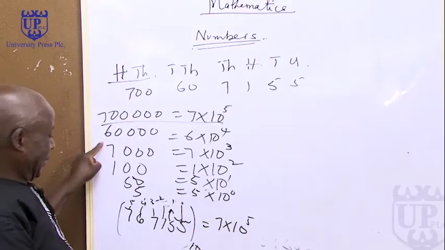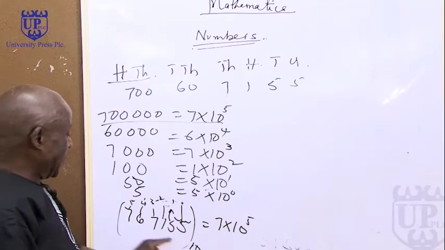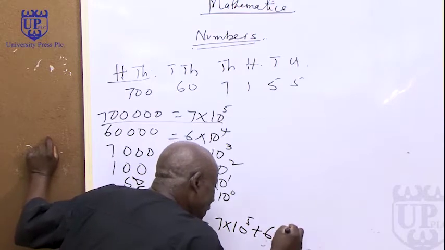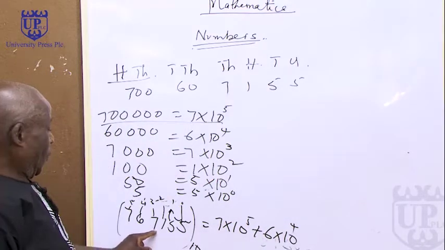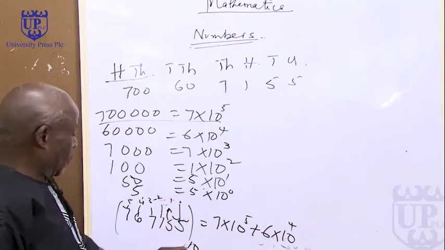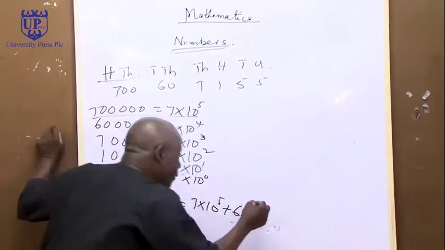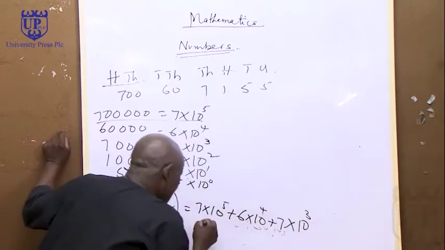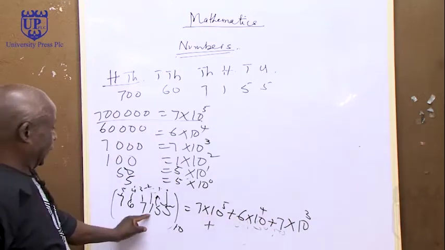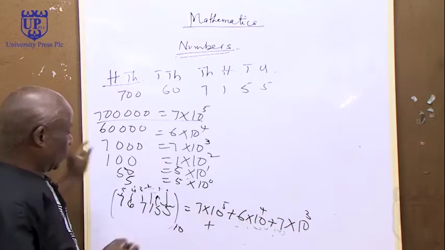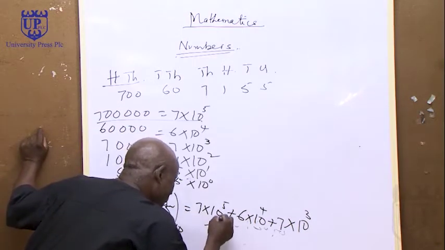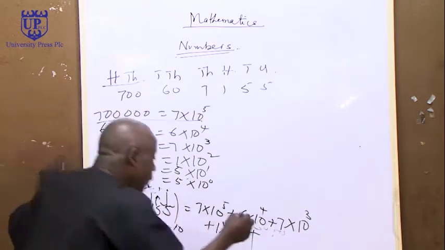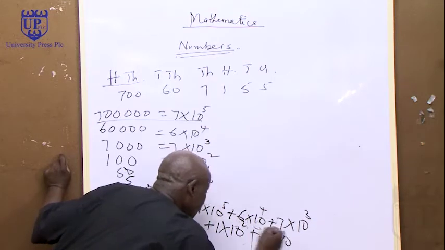Then the second one is 6 times 10 raised to power 4, plus the next one, 7 times 10 raised to power what? 3, plus 1 multiplied by 10 raised to power 2, plus what again? 5 multiplied by 10 raised to power what? 1.